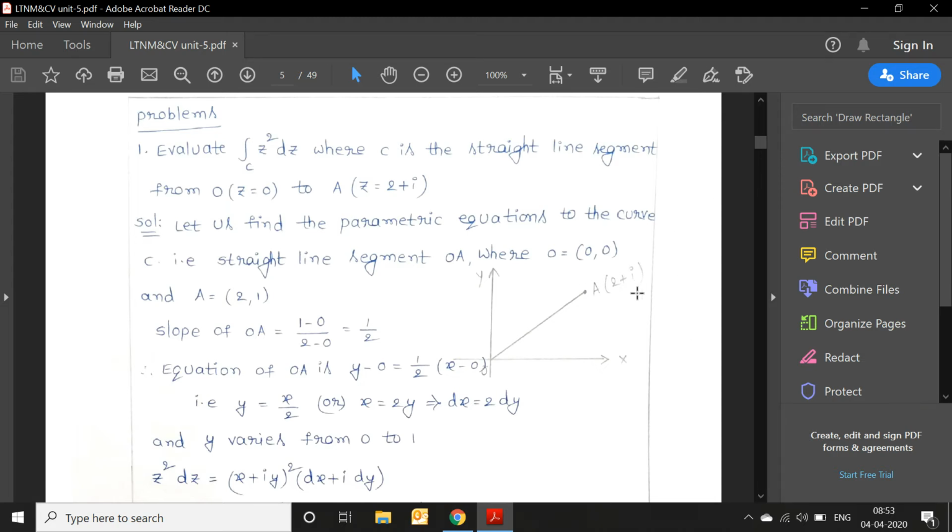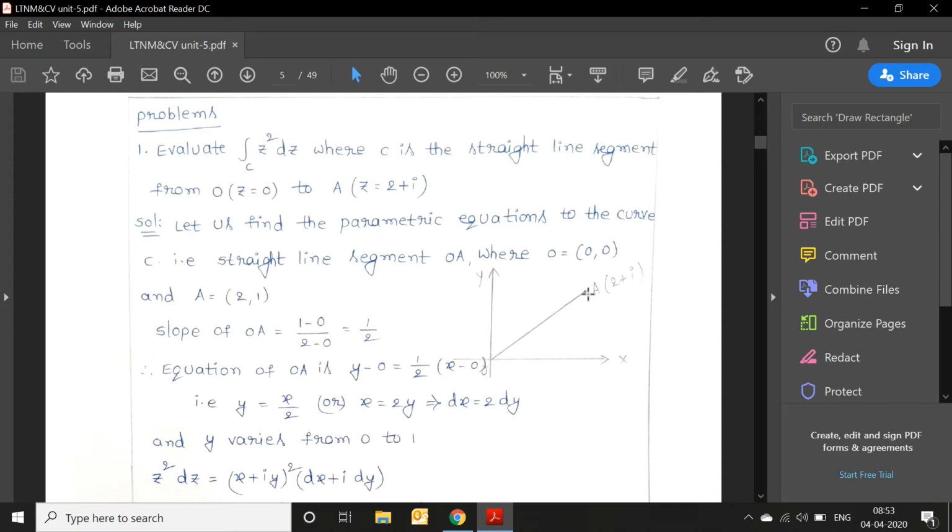How to get (2, 1)? Z equal to 2 plus i, comparing with x plus iy, x is 2 and y is 1. Identify the point 2 plus i: on the x-axis the value is 2 and on the y-axis the value is 1. We can identify the point here and draw the straight line from O to A.